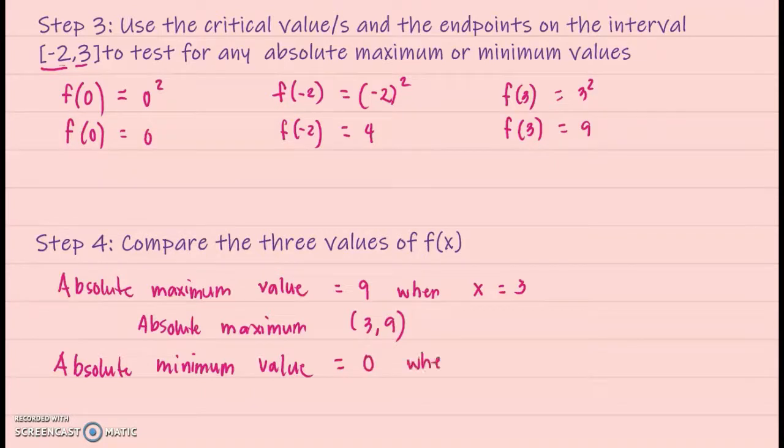That is when x is equal to 0. So your absolute minimum is at the origin. Meaning to say, in your graph of f of x equals x squared, on the interval from negative 2 to 3, the lowest point on the graph is at the origin.